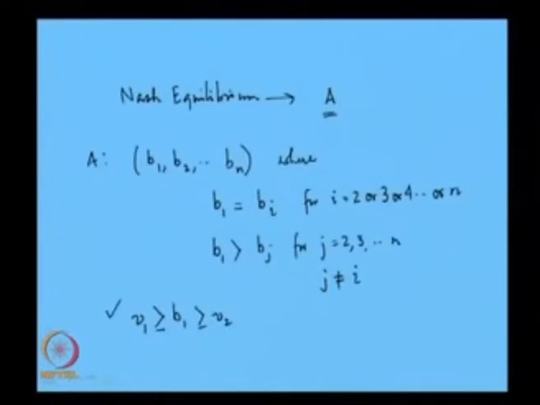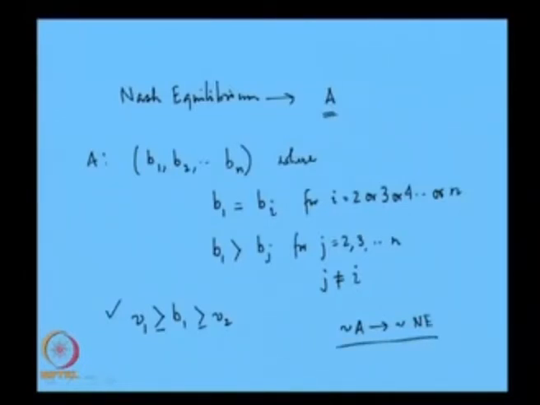So, we have to show that if I have Nash equilibrium, then that Nash equilibrium must satisfy this characteristic A. Now, I can show the same thing by showing that not A implies not Nash equilibrium.